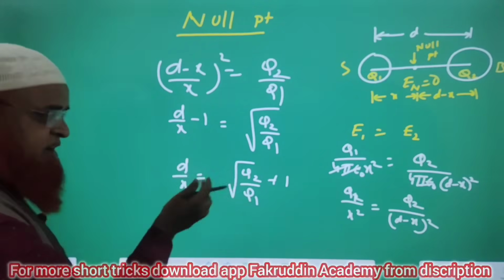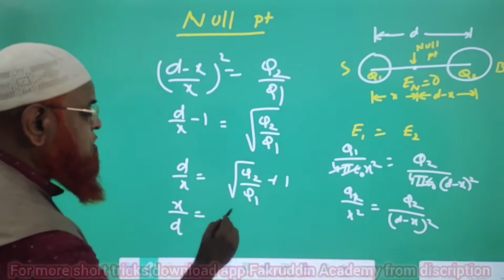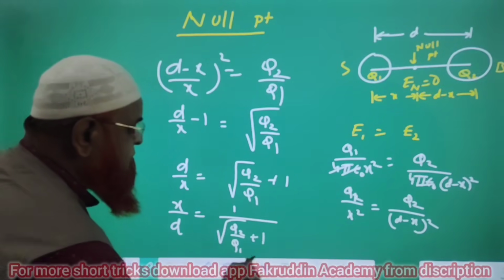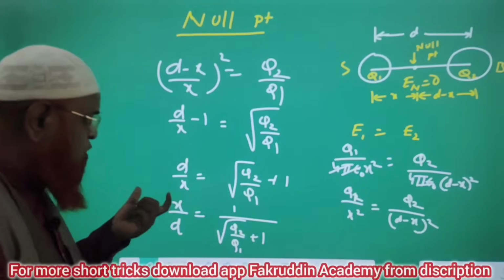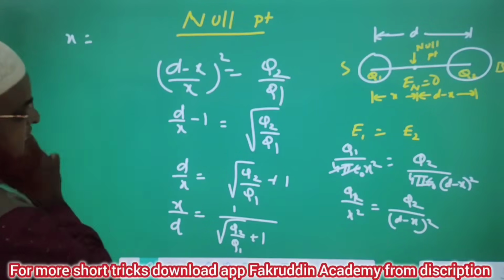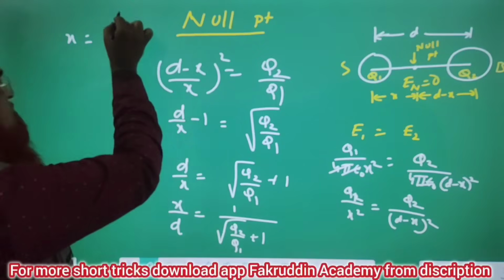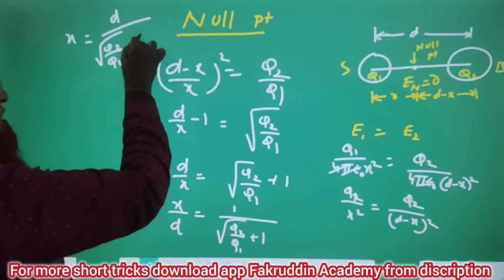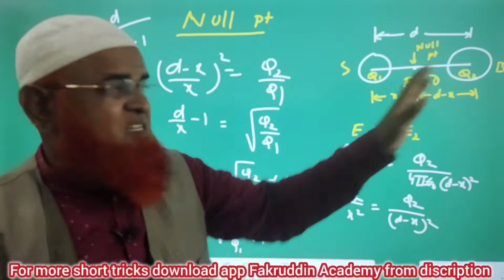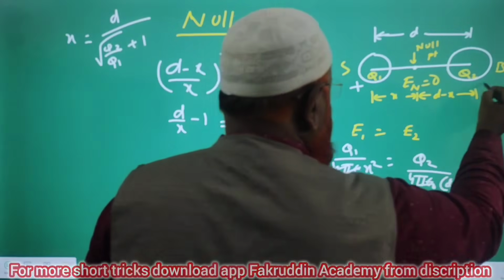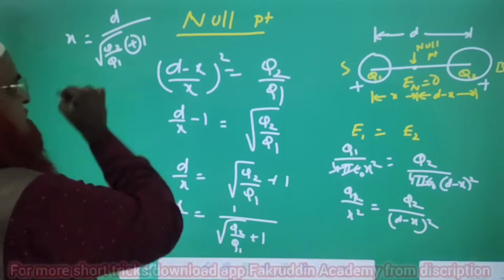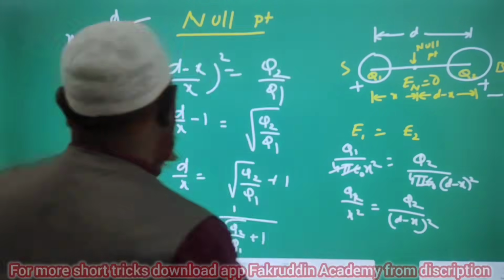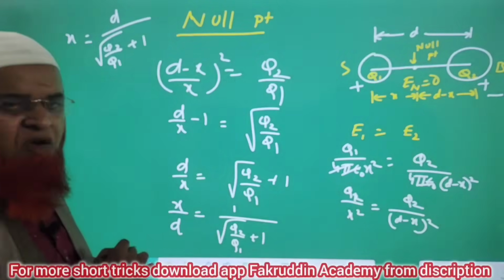If you make it reciprocal, x by d is equal to 1 by square root of q2 by q1 plus 1. And our aim is to find out x. Therefore, x is d divided by square root of q2 by q1 plus 1. If both the charges are the same, that means this is positive and this is positive, you will get plus at this place. And if this is positive and this is negative, for example, you will get minus here. That is the concept here.